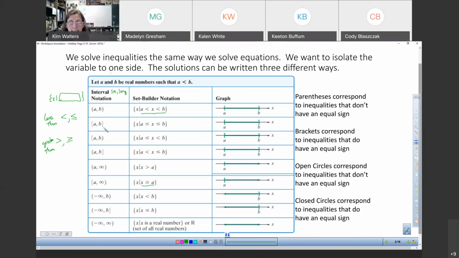Doesn't matter what kind of brackets I have, parentheses, squares, it doesn't matter. If I have positive infinity, it's going to be on the right hand. If I have a negative infinity, it's going to be on the left side, because negative infinity is always the smallest number, positive infinity is always the largest number, okay? So just housekeeping kind of details on this.